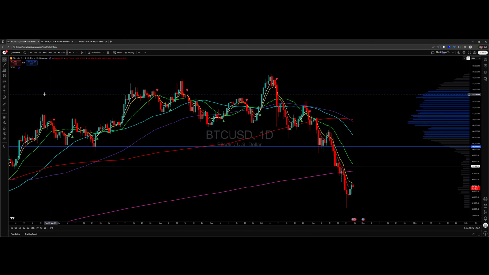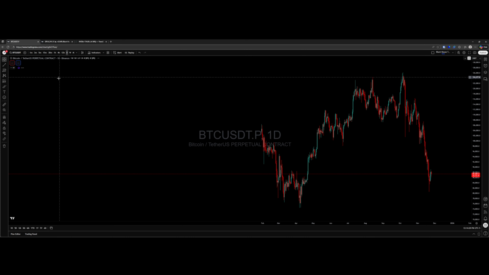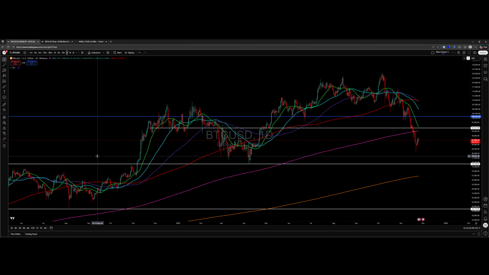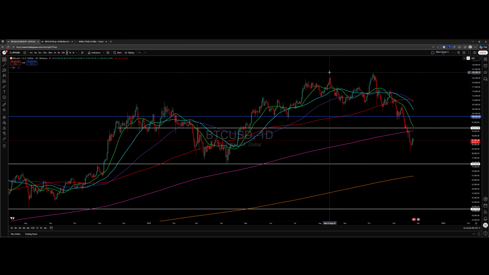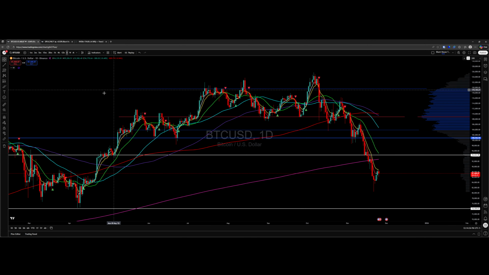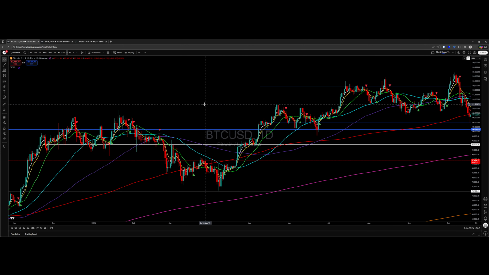So here's your daily Bitcoin chart. Now, we've gone in here, we've got a chart with even more levels that we used before, but let's stick to the one that's a little cleaner. When you're trading above the 20, the 50, and the 200-day moving average, you have to appreciate that at some point in time, you're going to come back and start to at least test these levels, right?